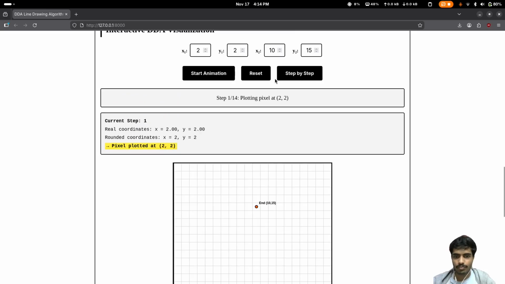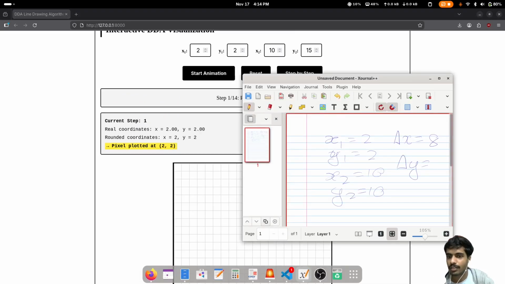So if we change it, rather than making it 10, we make it 15. So 15 minus 2, it will be 30, right?